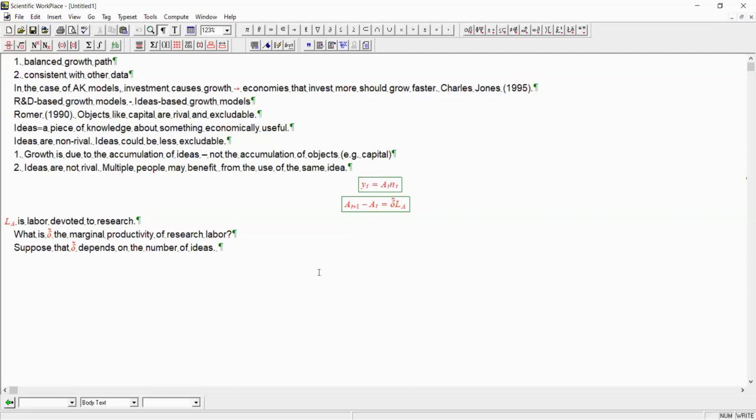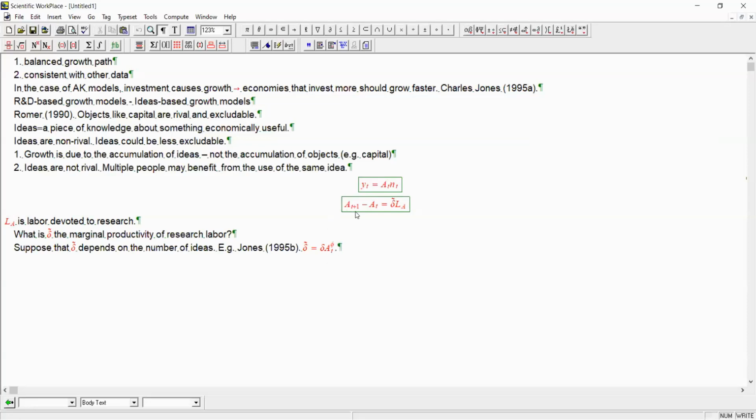This, for example, is in another Jones paper. They're both in 1995, so let's call this one Jones A. Let's call this one Jones B. Then we have delta tilde equals some number delta times A to some power, which I'm going to call phi.